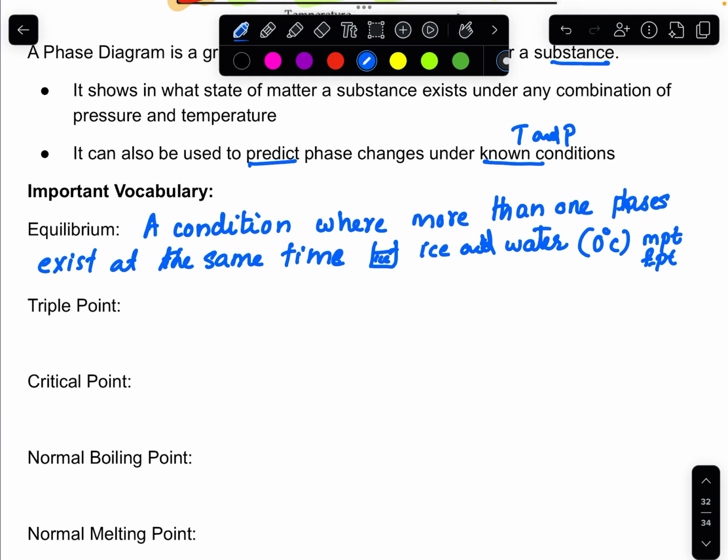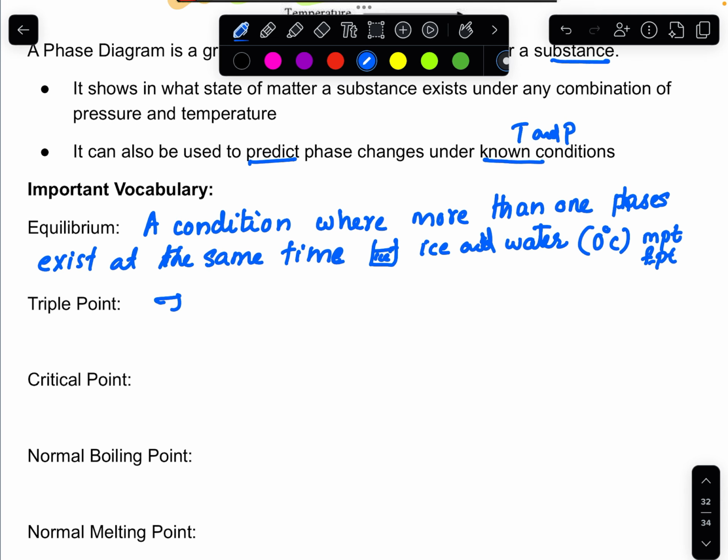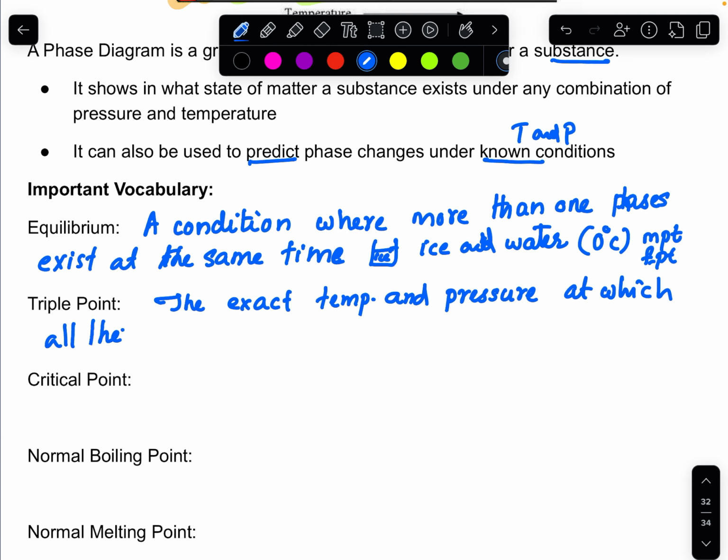That means it is a value of pressure and temperature, the exact temperature and pressure at which all three phases, what are the three phases?